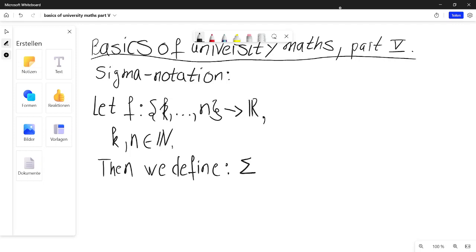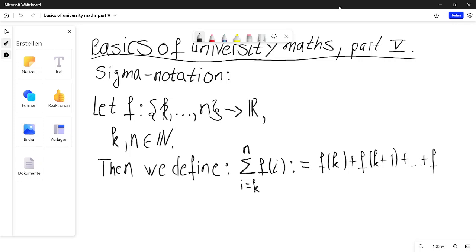So then we just define the symbol in the following way. This is a symbol that is defined for such a given function, and it is just defined as f of k plus f of k plus 1 plus, and so on, so we sum up all the values of f that are respectively taken at those elements.